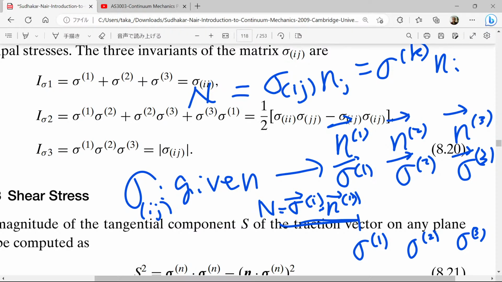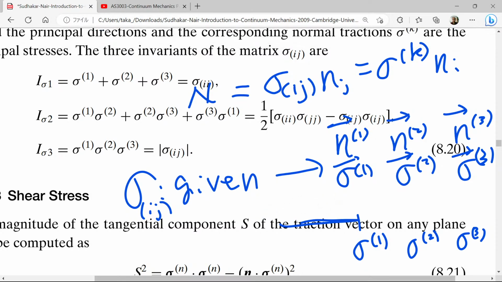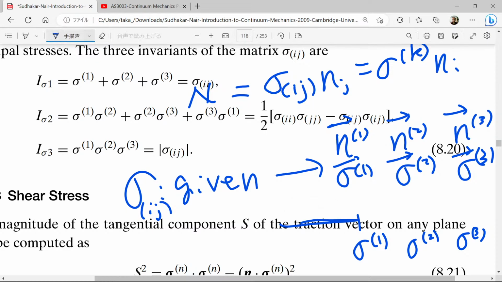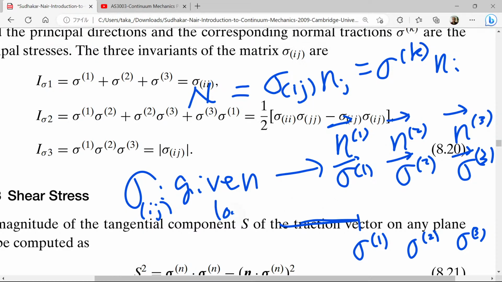So I think here we look. This is a general case. So then we look for n1, ni parallel to sigma i. This is what we have to find.